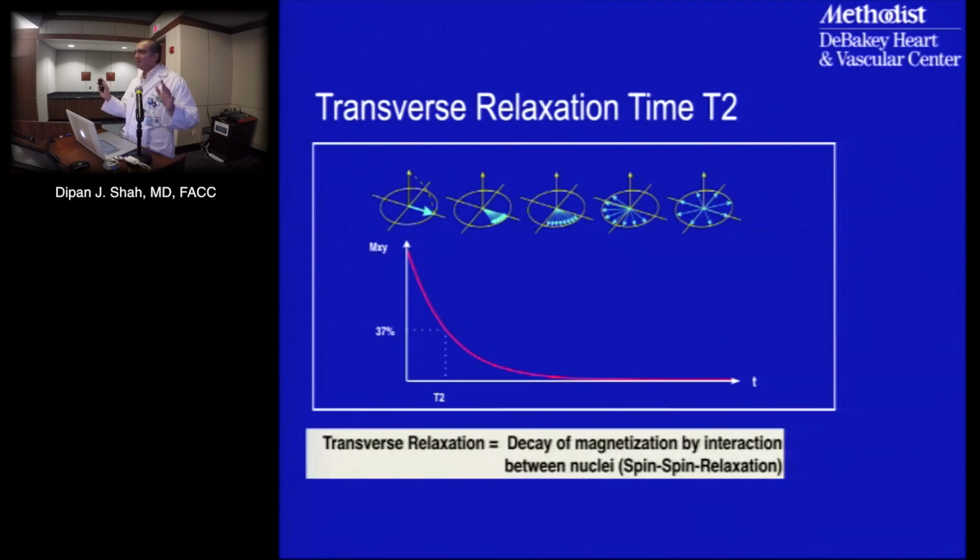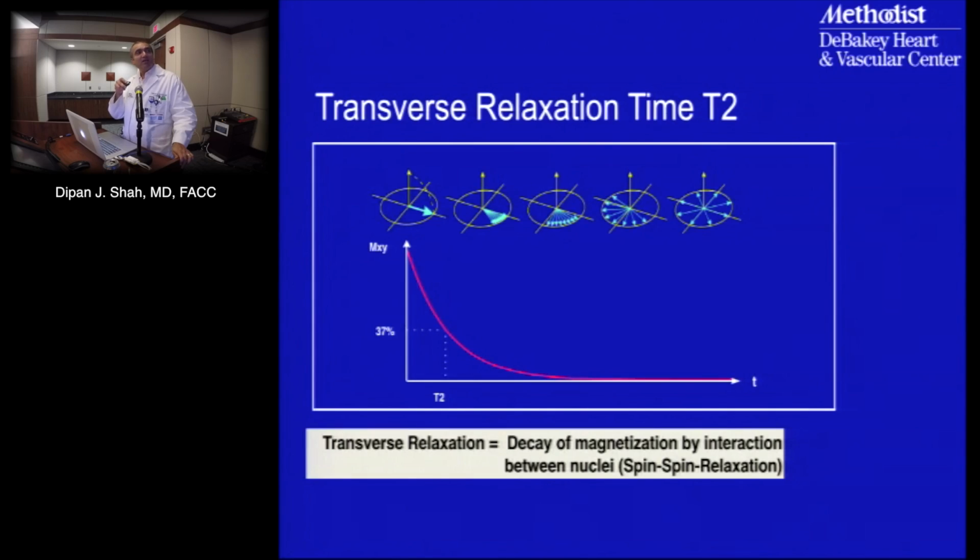You can think of this as an auto race. In the beginning, all the racers line up at the starting line, and they're all going around the track together. As time goes on, some are faster, some are slower, and as a result, you now have a dispersion. And that dispersion leads to what's called a T2 decay.